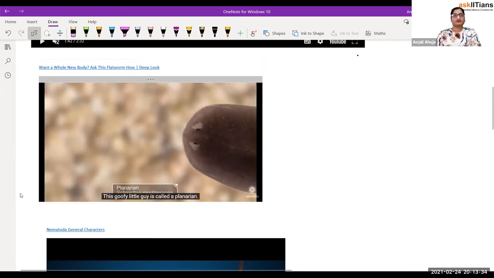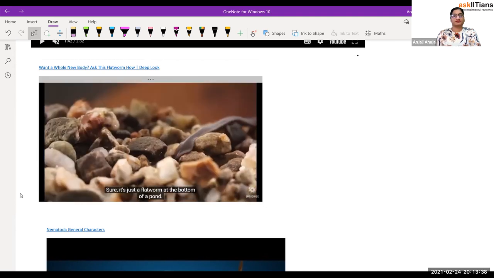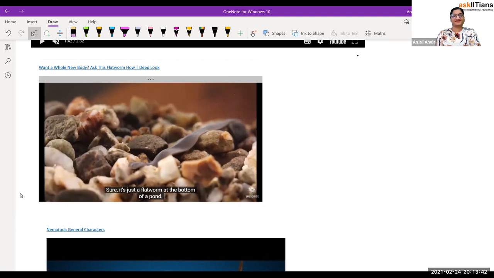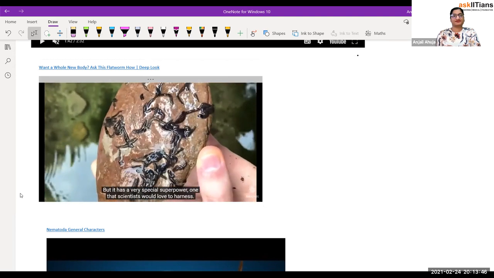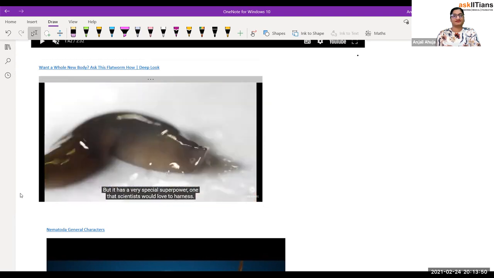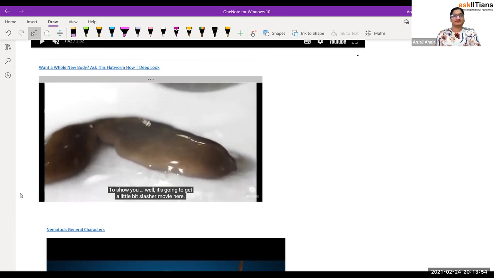This goofy little guy is called a planarian. Sure, it's just a flatworm at the bottom of a pond, but it has a very special superpower, one that scientists would love to harness. To show you, well, it's going to get a little bit slasher movie here.